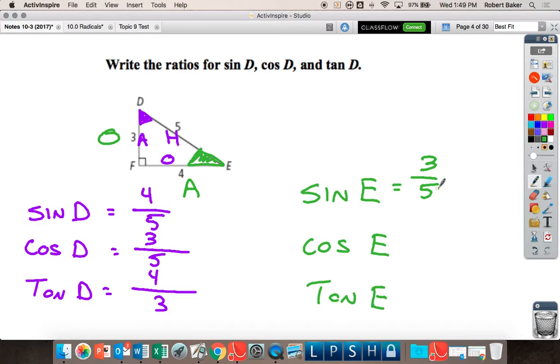Looking at the green letters, 4 over 5. Cosine is 4 over 5. I like to say cosine is kind of like alien antennas. It kind of goes like this. Those two things right next to each other. That sometimes helps people. And the tangent of E. So tangent is still tripping on apples. Opposite over adjacent. Opposite over adjacent is 3 over 4.